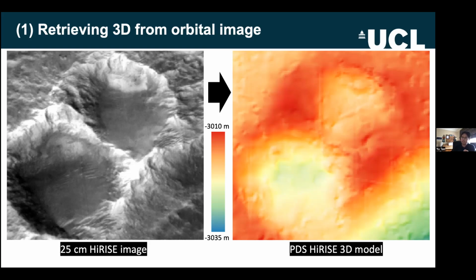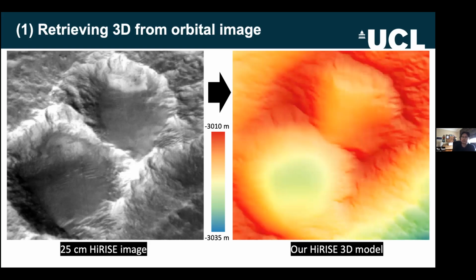But what we can produce using deep learning techniques is like this, which generally has much higher quality and accuracy. We can observe that this 3D model has much fewer artifacts and errors, but contains a lot more finer scale details.